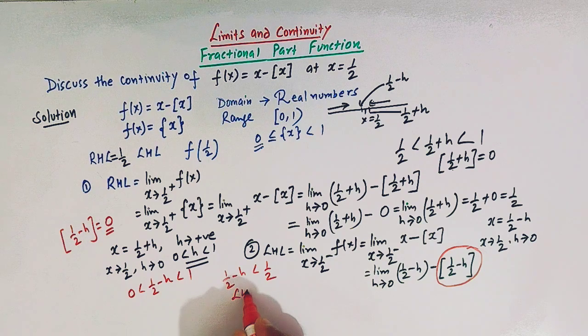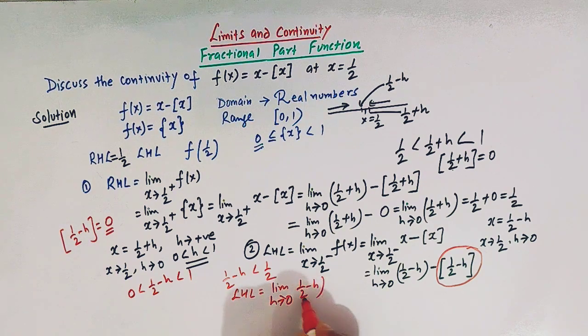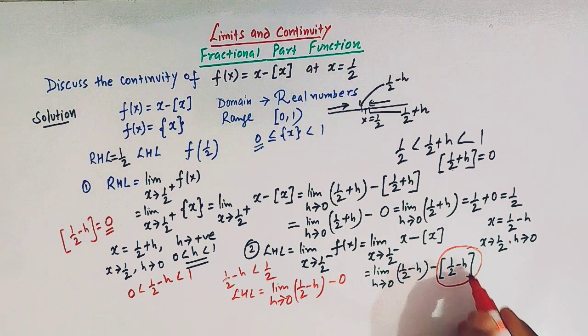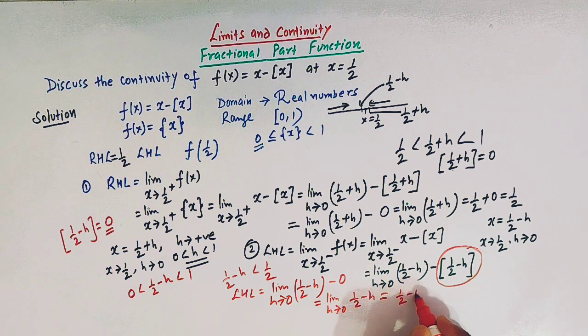So now the left hand limit is the limit as h tends to 0 of half minus h minus 0. This is simply the limit of half minus h, and now we can take h equal to 0. So we have half minus 0, that is equal to half.